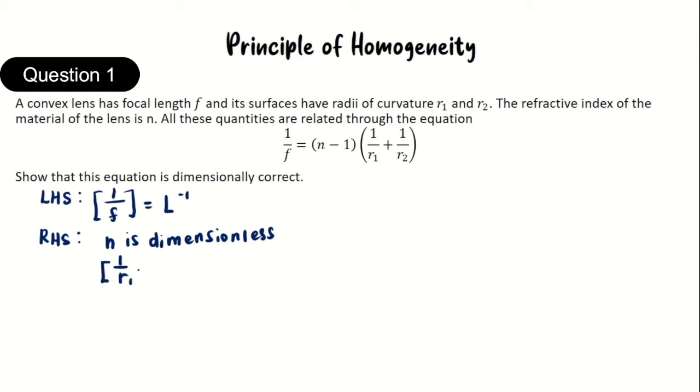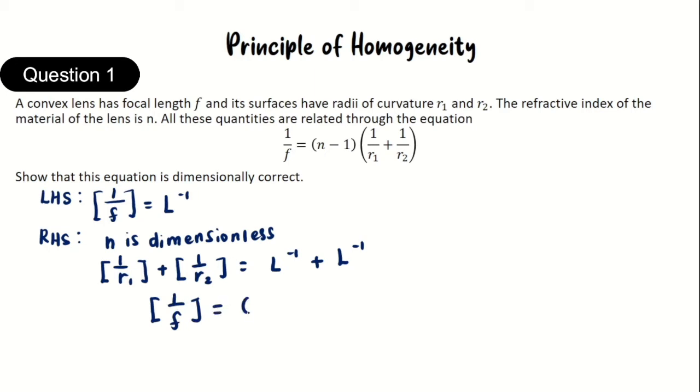For the right hand side, we are left with 1 over r1 plus 1 over r2, and both radii are also equivalent to length. So we can write the dimension for both radii as R to the power of negative 1 plus R to the power of negative 1.